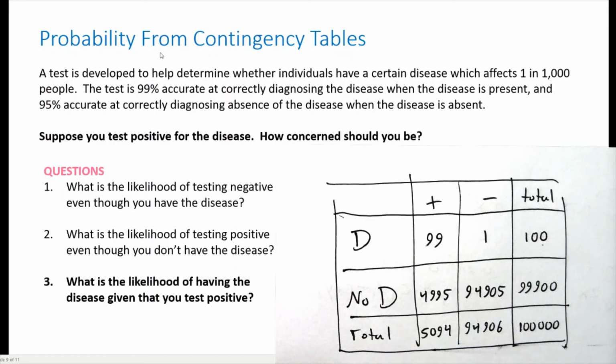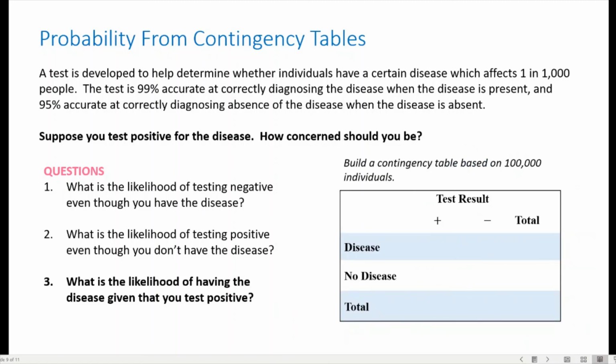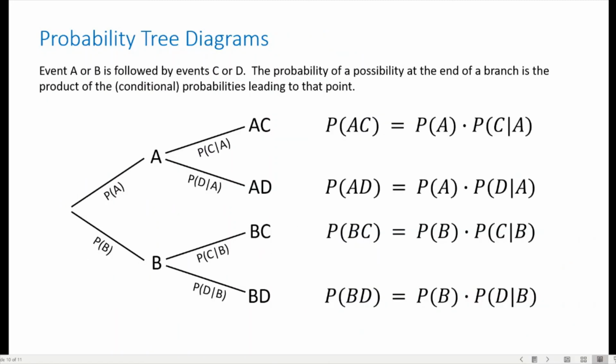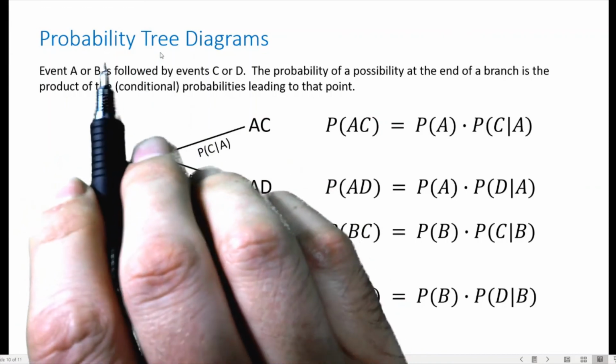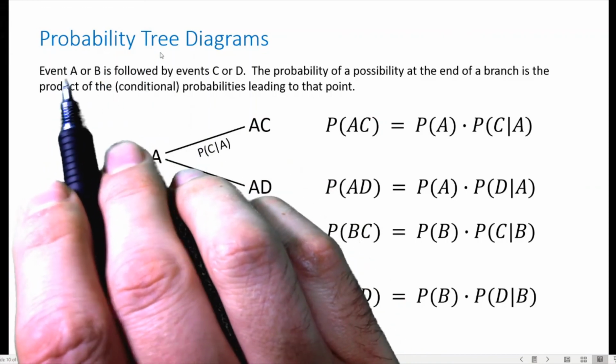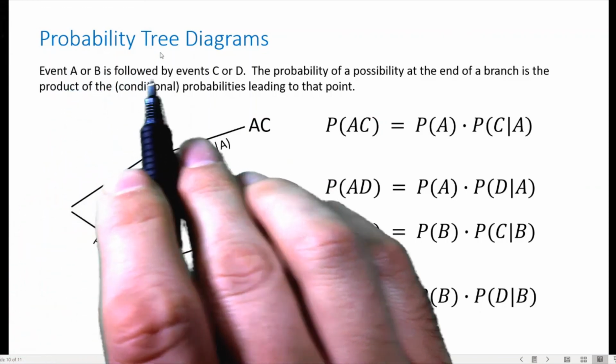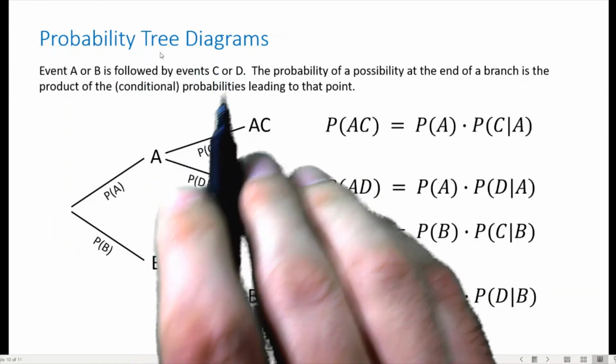Okay, so let's go to the next example. The next topic is probability tree diagrams. Tree diagrams are really useful for computing probabilities. If you have events A or B followed by events C or D, then we can make this tree.